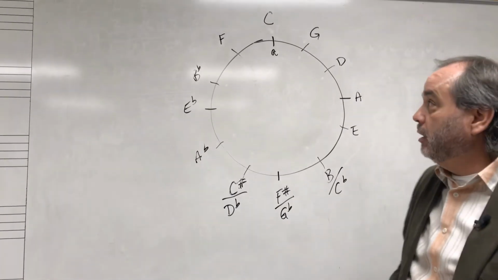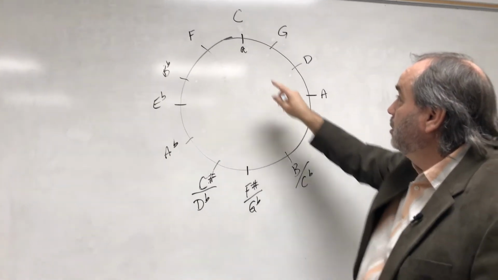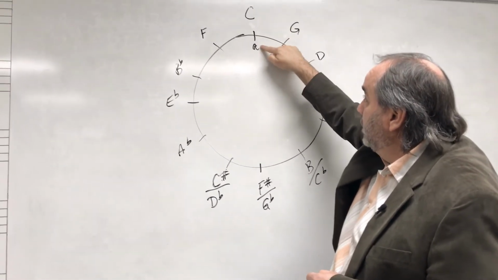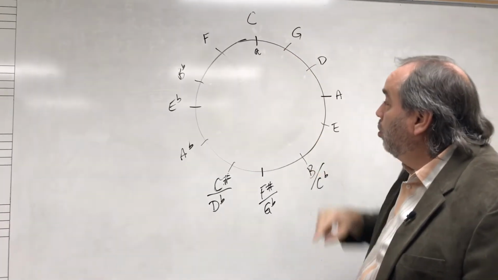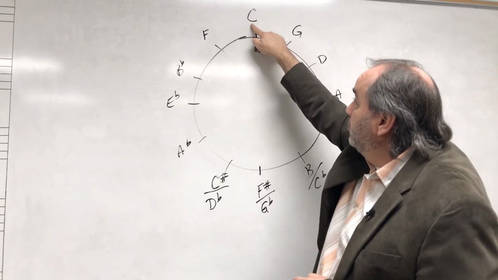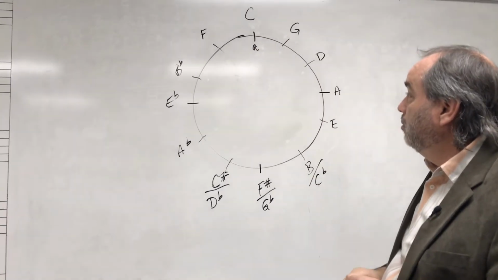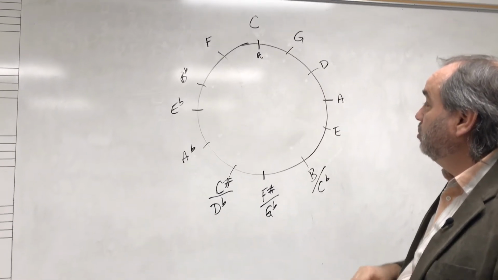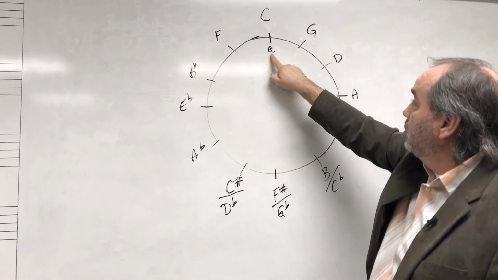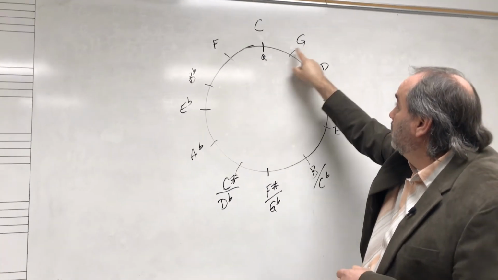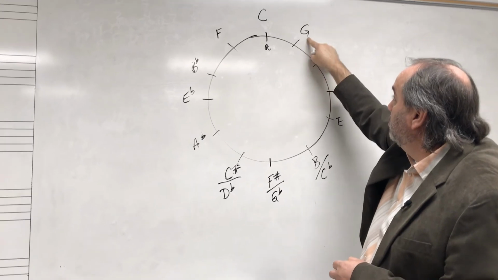And we'll use lowercase letters to indicate minor keys. You can either think 3 half steps down and 2 letters away, or you can think of the 6th note of the major scale, which is A, and that would be the minor mode attached to that major mode. So either way you come to that is up to you.